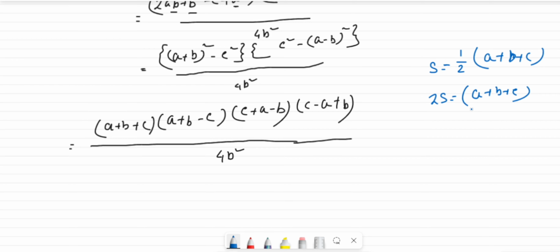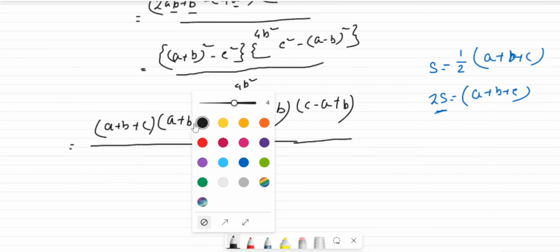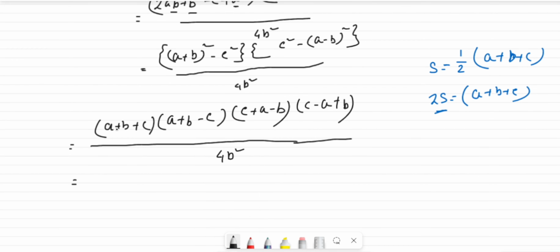So wherever a plus b plus c appears, we can put 2s. Here it is a plus b minus c, so we can write a plus b plus c minus 2c, which means 2s minus 2c.